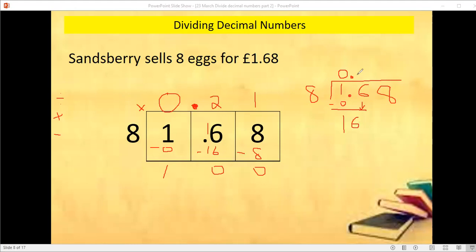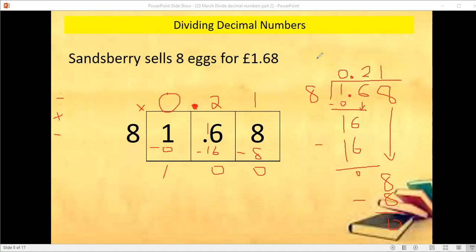16 divided by 8 is 2. 2 times 8 is 16, with a difference of 0. Then you bring down the last digit, which is 8. So 8 divided by 8 is 1. 1 times 8 is 8. So now we subtract, 0.